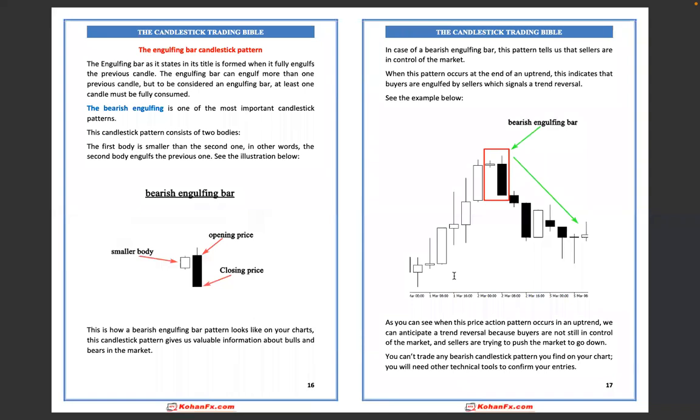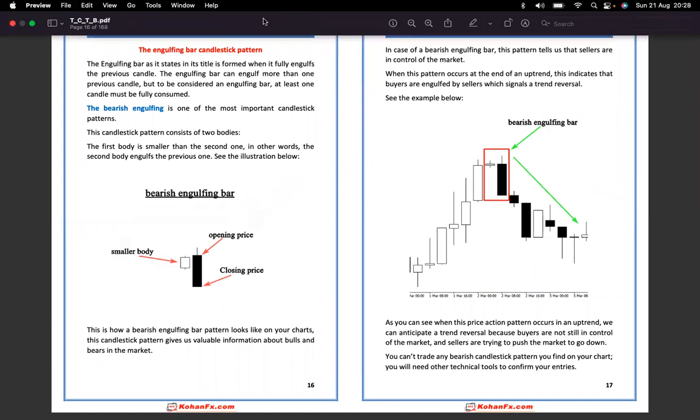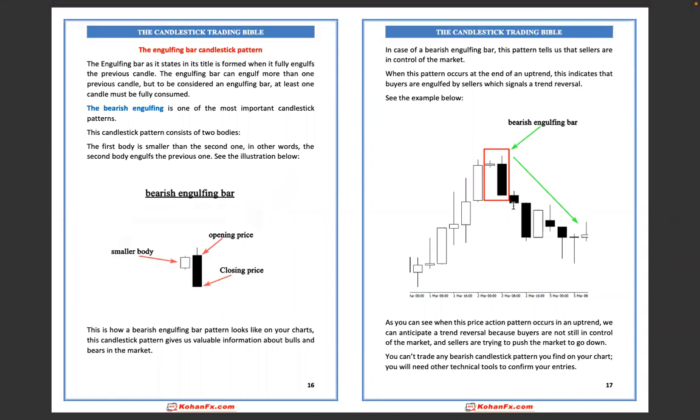No, it says that when this pattern occurs at the end of an uptrend. What is the end of an uptrend? What level do we find at the end of an uptrend? Resistance. Exactly. So we are only going to apply this when we see it around the resistance.